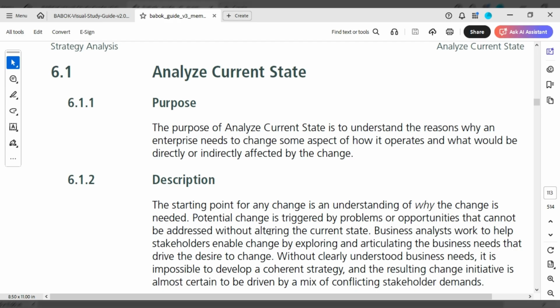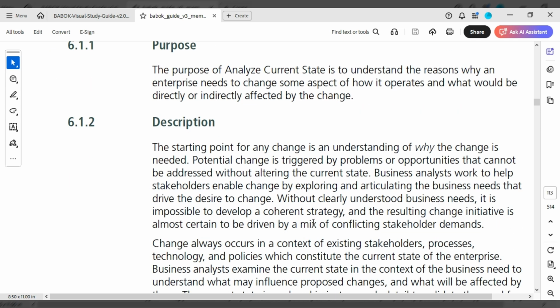For example, you come in, they need to have a website, they've been doing yellow pages, and the current state is that they are doing yellow pages, they are writing, putting things on paper and all whatnot, and it's flying all over the place, it's getting lost and all whatnot. Okay, so it's so clear. Now, description. The starting point for any change is an understanding of why the change is needed.